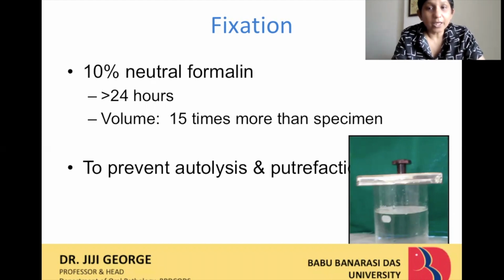That is because the formalin is volatile. It can be lost, so we have to put a lid on it so that it does not just evaporate away. So that is how you put the tissue in. Usually in dental clinics, you get very small tissues for biopsy on a routine basis. So even a glass jar would be okay to put those tissues in formalin.